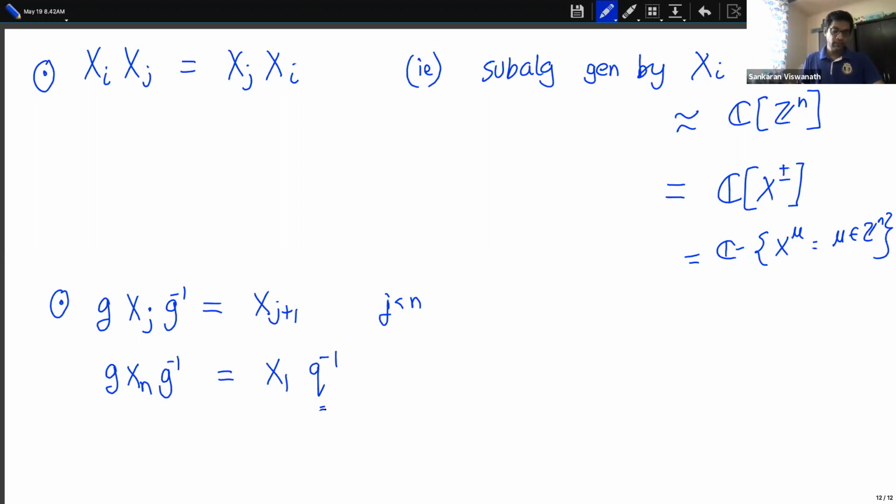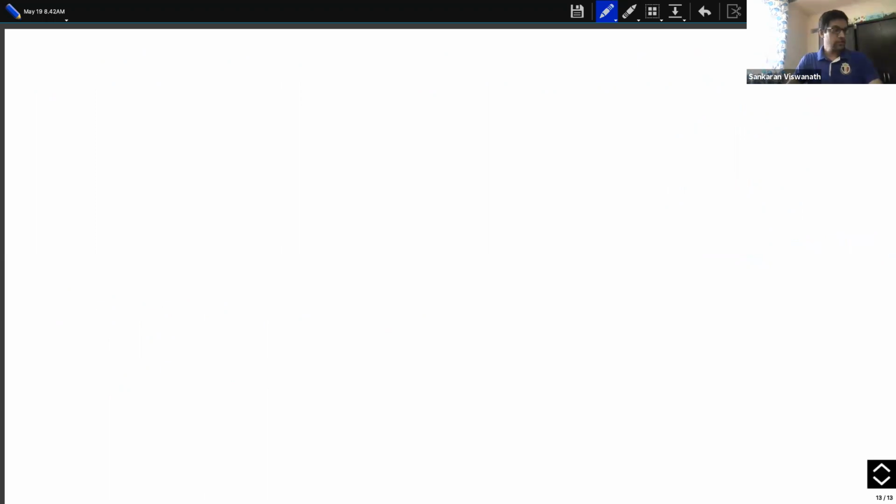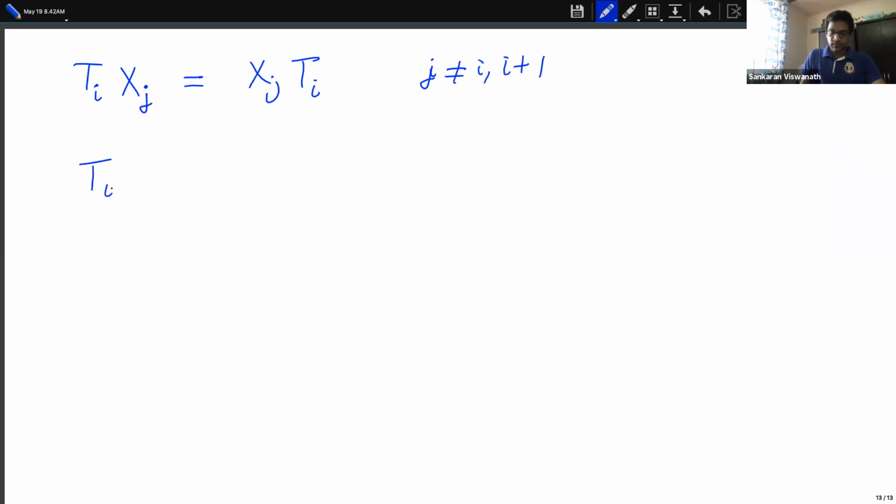Now the T with the x's, that's the other important thing we talked about. So how do the Ti's act? These were the equations that we had. These were the relations. If i and j are far apart, in the sense that j is not i or i plus 1, then they just commute with each other.